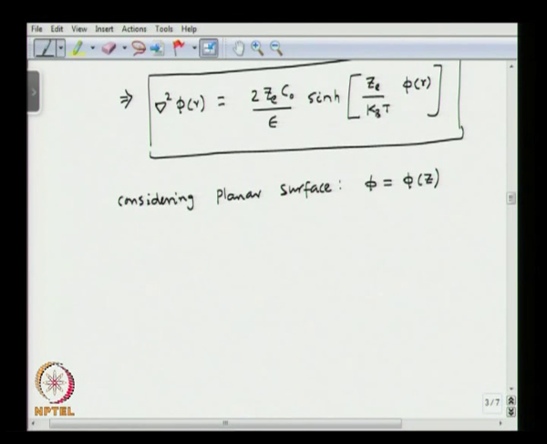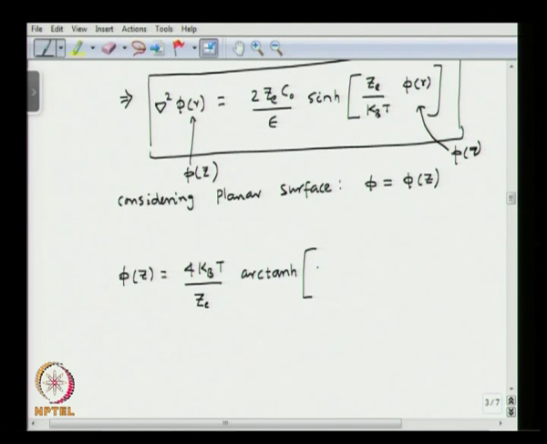So you can write del square phi z. Solving for the potential, phi z is going to be 4 kBT divided by JD into tanh inverse (hyperbolic arc tanh) of JD into zeta potential divided by 4 kBT, into exponential minus z by lambda d.